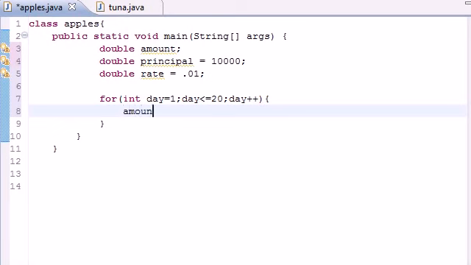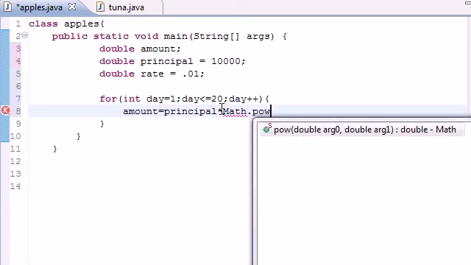We want to solve for amount, so that's what we're going to be setting it equal to, since we don't know what it is yet, but we do know what the formula is for it. It's principal, and make sure you type these right, principal, times something to the power, and this calls for an outside method that's Math.pow. You can see right here that it takes two arguments. The first argument is what's in the parentheses, and the second argument is the exponent.